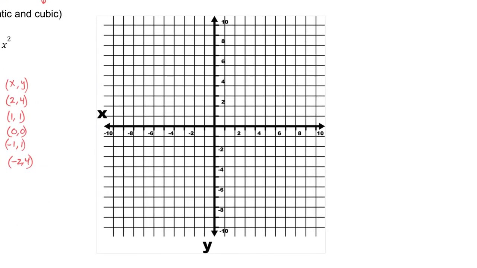So we have 2, 4, so that means we go 2 on the x and 4 on the y. That's the first one right there. And then 1, 1 would be right there. 0, 0. And then right here, I'm looking at -1, +1. That's -1 on the x, +1 on the y. Right there. And then -2, +4.